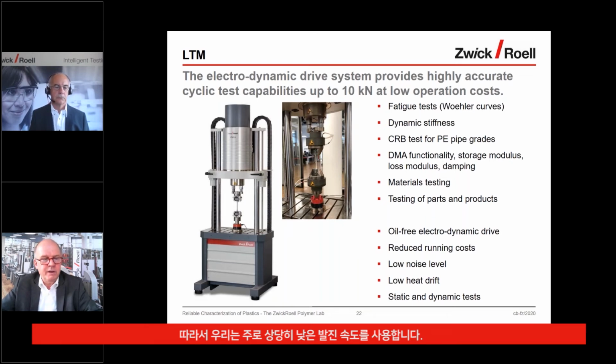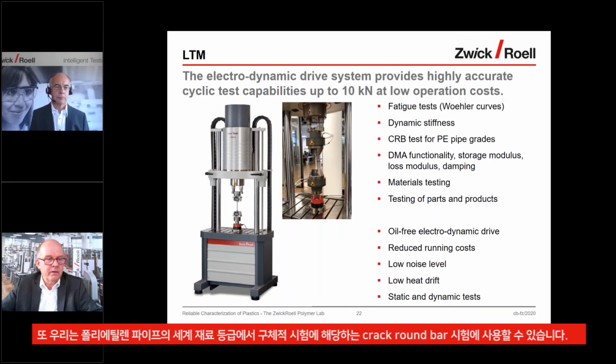This machine, for example, can be used for classical fatigue tests, S-N curves or Wöhler curves, you may call it. We use it for the crack round bar test, which is a specific test in the world of material grades for PE pipes, polyethylene pipes.